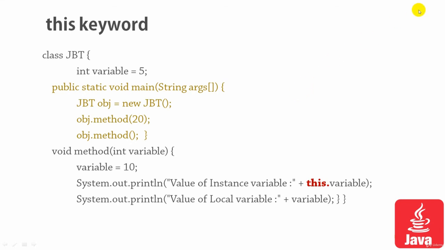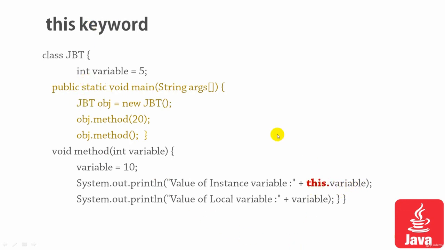Here we have a program, we have a class, we have a variable declared in the class, we have the main block, we have different methods. So within the method, we have the same variable, and in the class we have the same variable. The name of the variable is variable and the values differ. When we want to print the value of the class variable, we can write this dot variable.